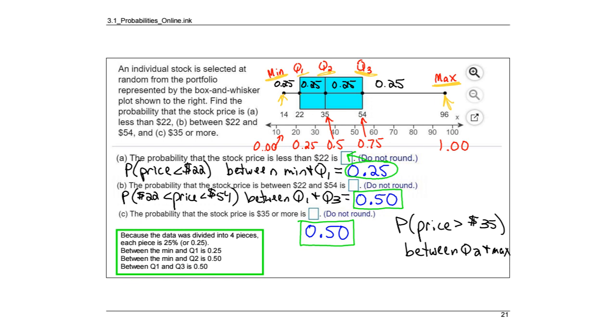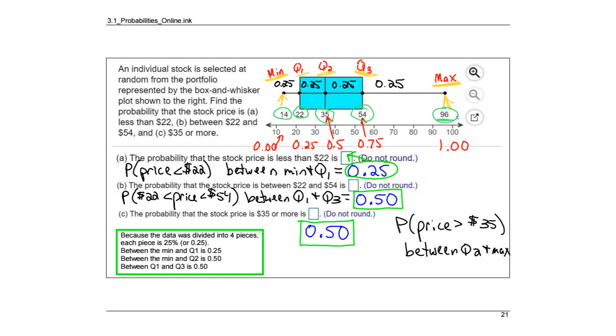So notice that with this one, they gave us the box and whisker plot. They also gave us the numbers associated on the number line with each of those, right? So 14 is the minimum, 22 is Q1, 35 is Q2, 54 is Q3, and 96 is the max.